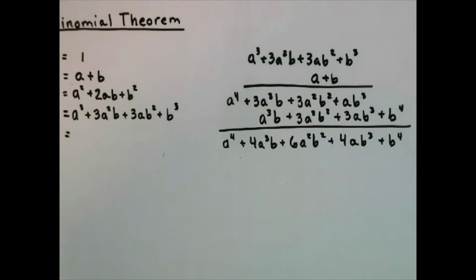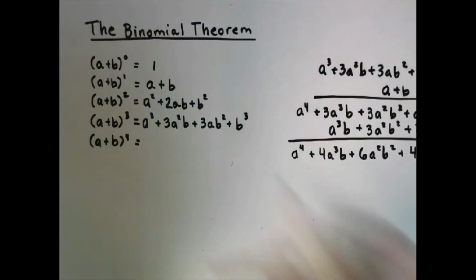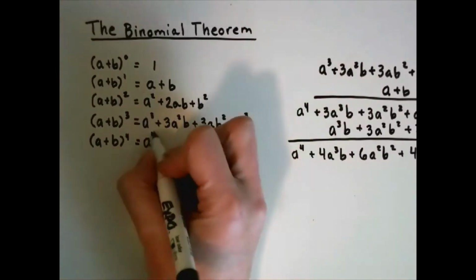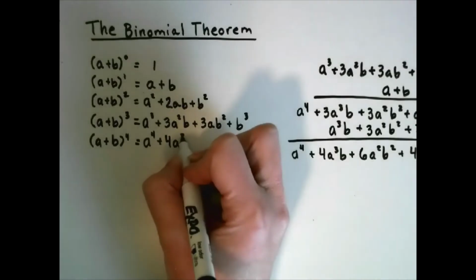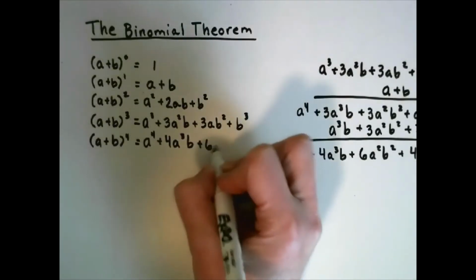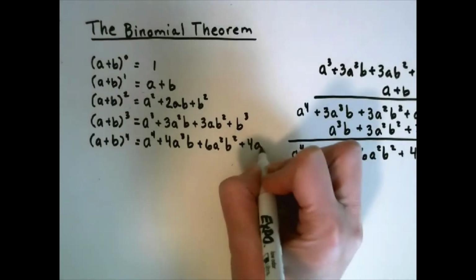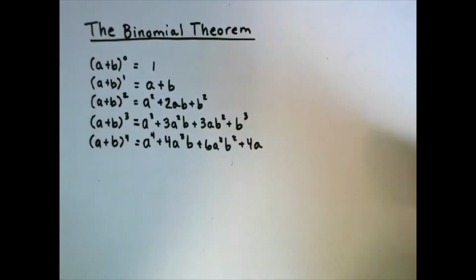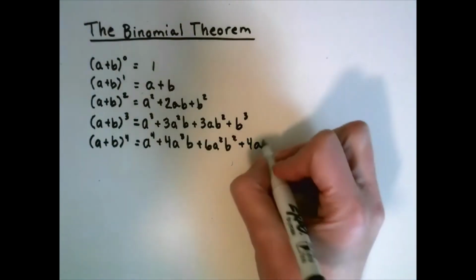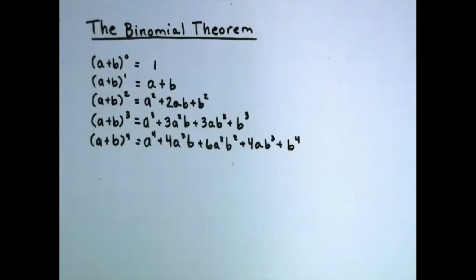But again, there are some patterns. So let me add this one to the list, and then we're going to look at some of the patterns. So we have a to the 4th plus 4a cubed b plus 6a squared b squared plus 4ab cubed plus b to the 4th.